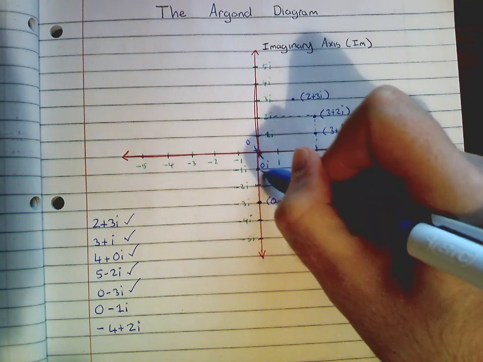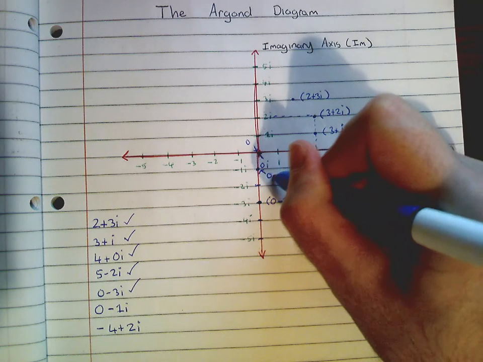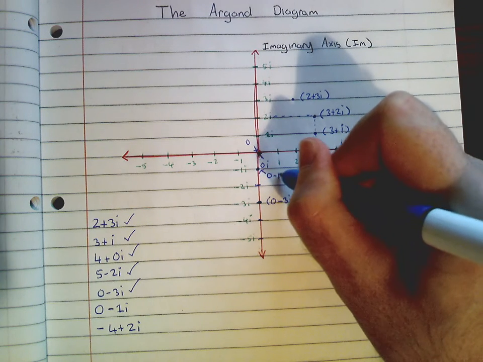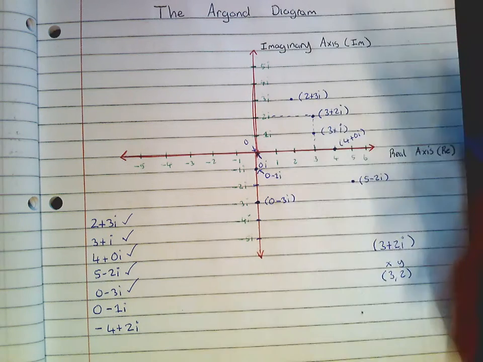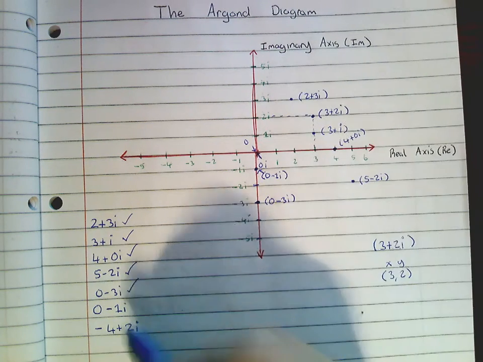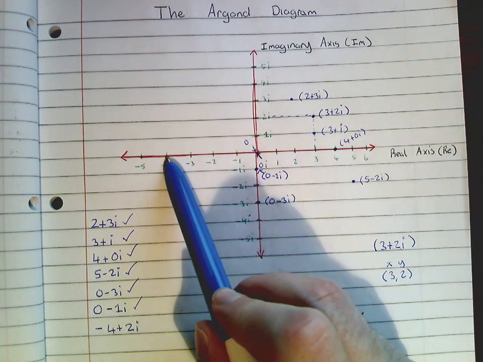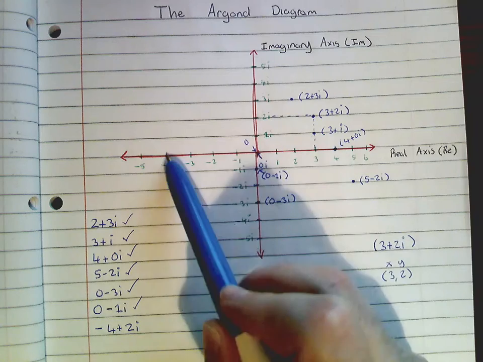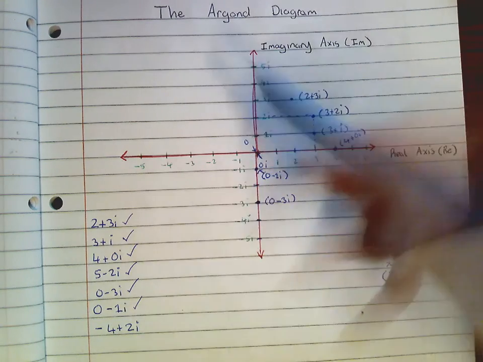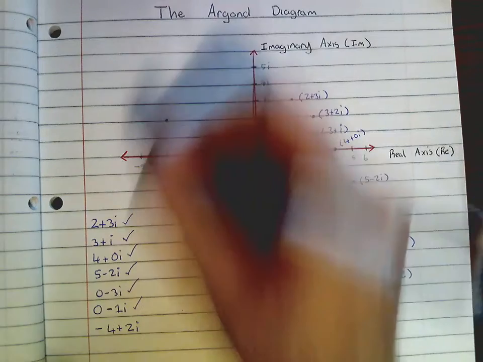So this represents the number 0 minus 1i. Then if we look at minus 4 plus 2i, the real part minus 4 is out here, and then plus 2i is up, so it's going to be up here. That's minus 4 plus 2i.